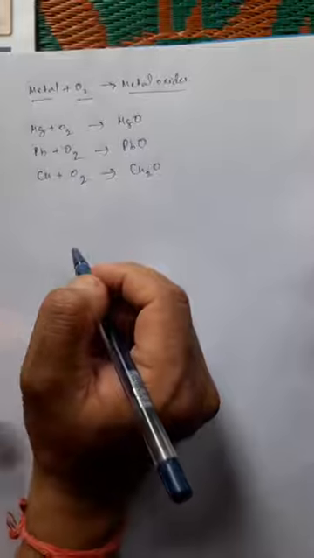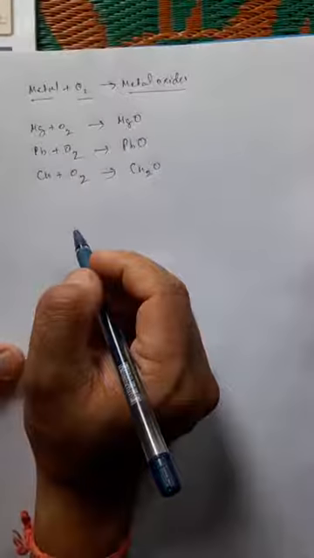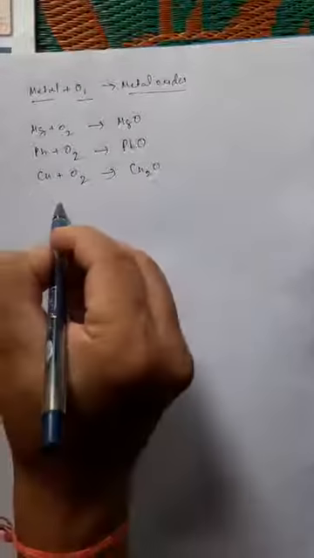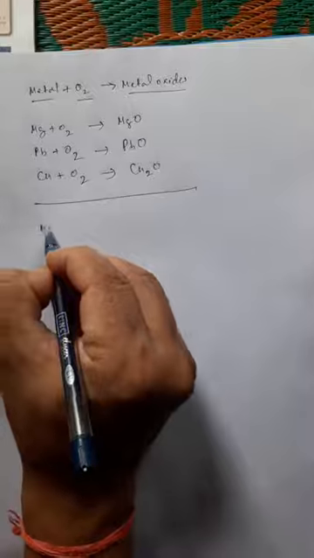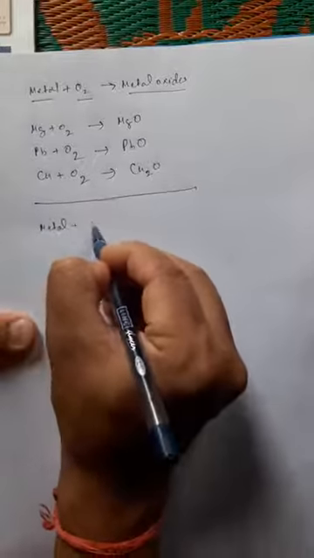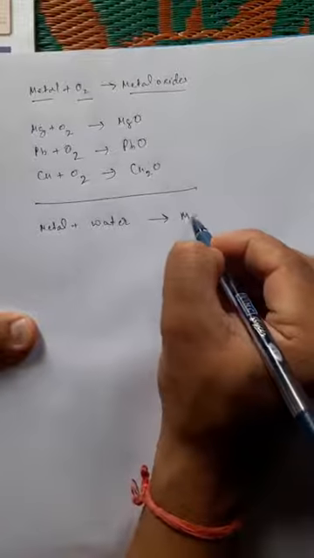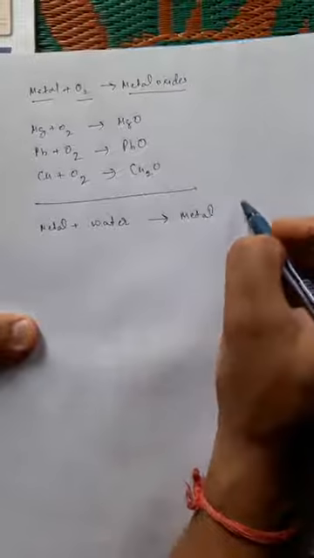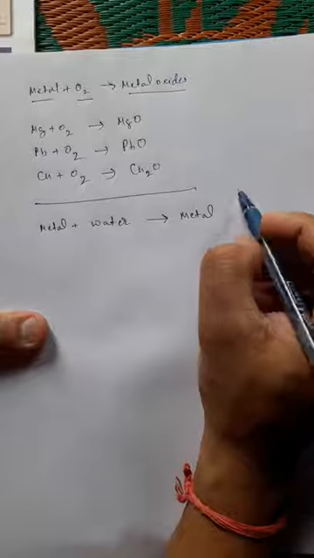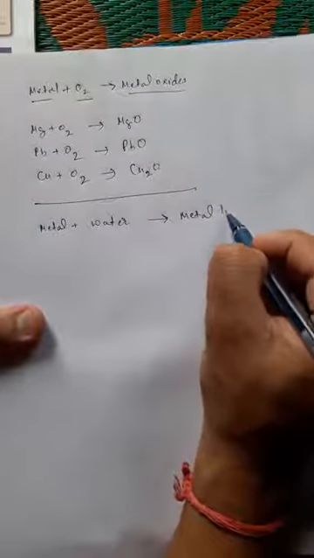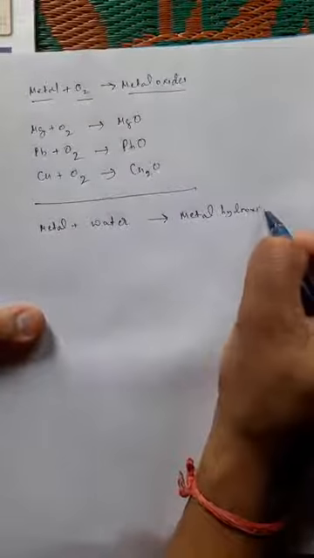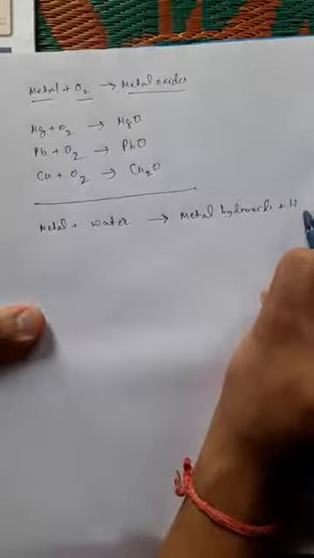Likewise, with water, we have already seen. Let's try to write one reaction of the metal with water. Metal with water, you are going to get metal hydroxide and hydrogen.